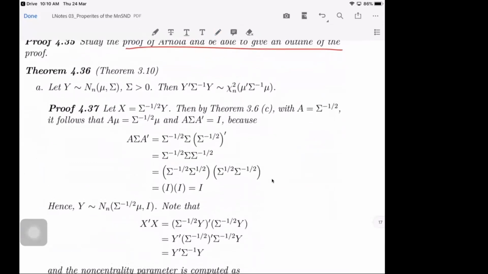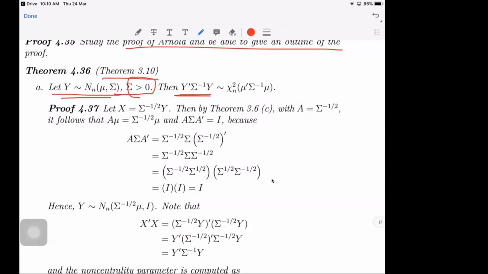Okay. So the next theorem is theorem 3.11. So this is the assumption: you have a positive definite covariance matrix sigma and your y is normally distributed. What we are going to do is transform y into y prime y, but we insert the inverse, so y prime sigma inverse y.